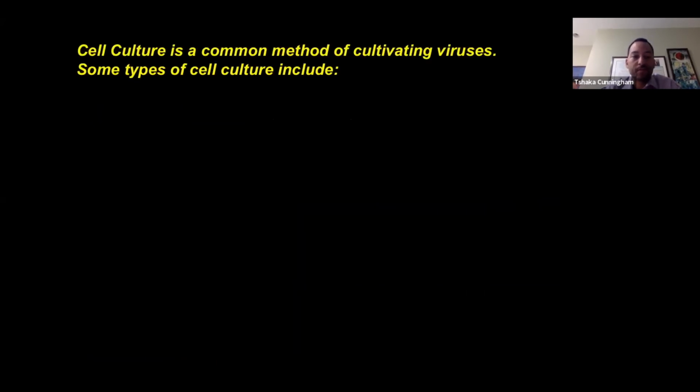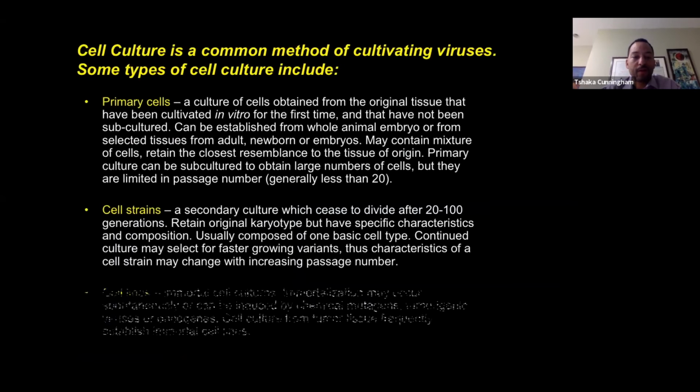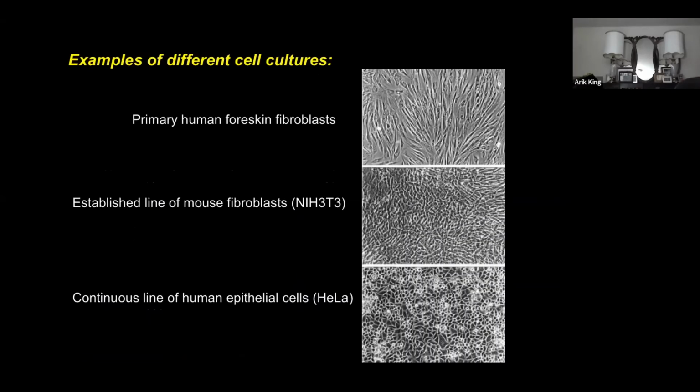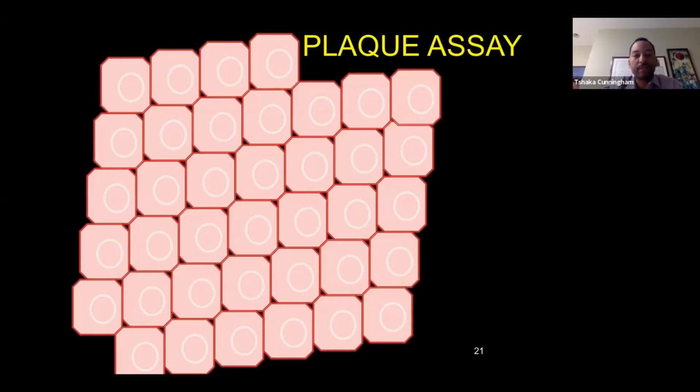I'm going to go through this quickly, but just to show you, these are different cell cultures that we can culture viruses in. Imagine these are your cells. I tried to make a diagram here of what a layer of cells would look like on a tissue culture plate. When you add one virus particle, it starts to replicate itself.